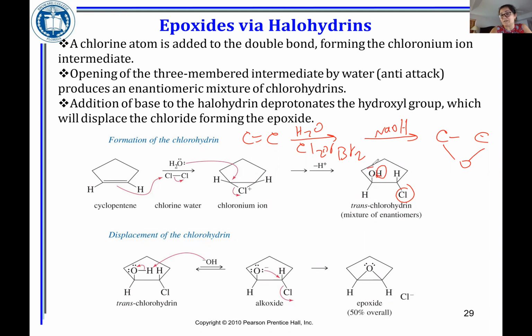You have a strong nucleophile and a nucleophilic attack, leaving out the leaving group, and a new bond is going to form between oxygen and carbon. So you are going to get an epoxide formed.